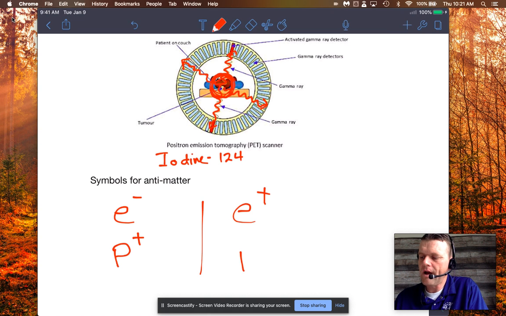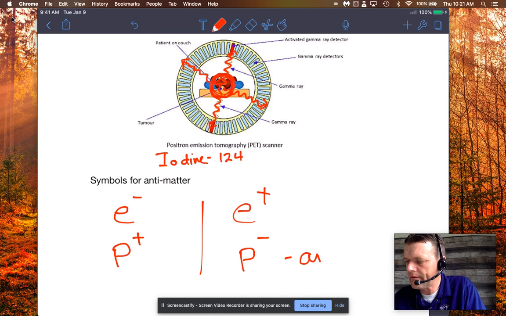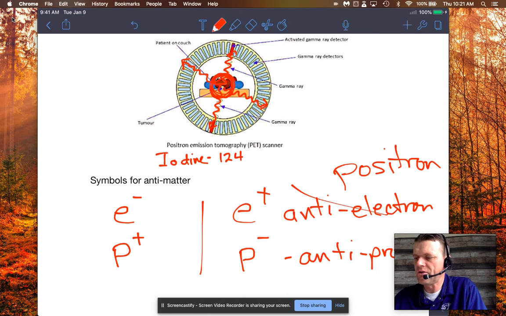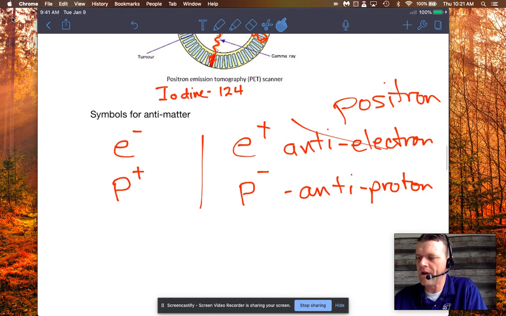I have seen a convention that shows p minus as an antiproton. The truth is that a positron is really an anti-electron, but that name didn't catch on, at least at first, and so it became known as a positron.